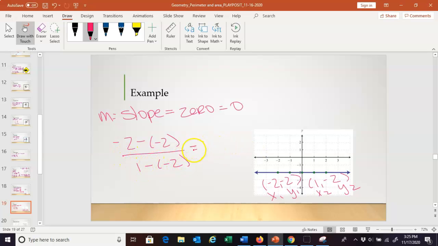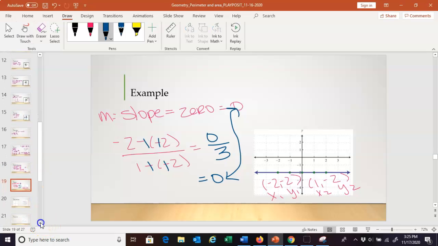So many negative 2's. Keep, flip, change. 0 over 1. Nope, 3. You can have 3 groups of 0, or 0 groups of 3. 0 groups of 3 is 0, right? 0 divided by 3 is 0. So it does, in fact, match up with what we thought of a horizontal line having a slope of 0.